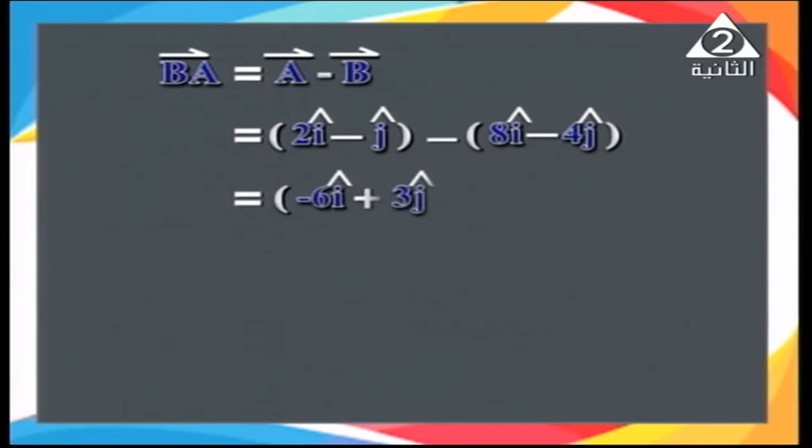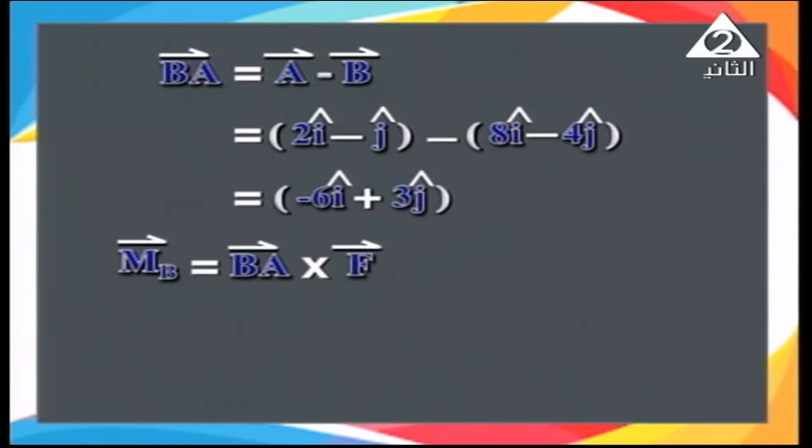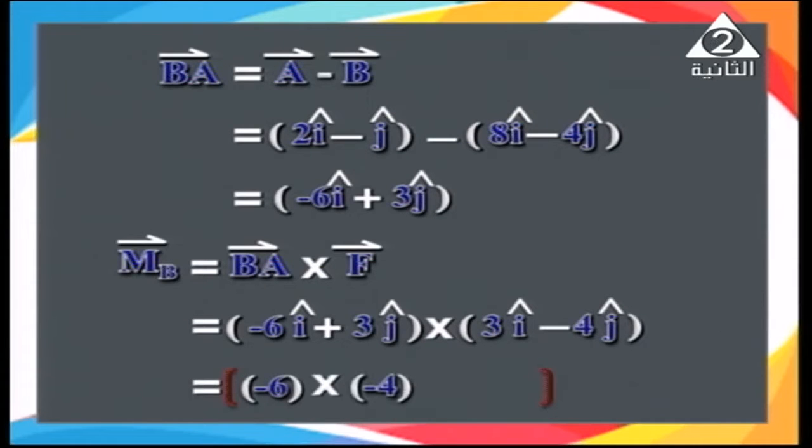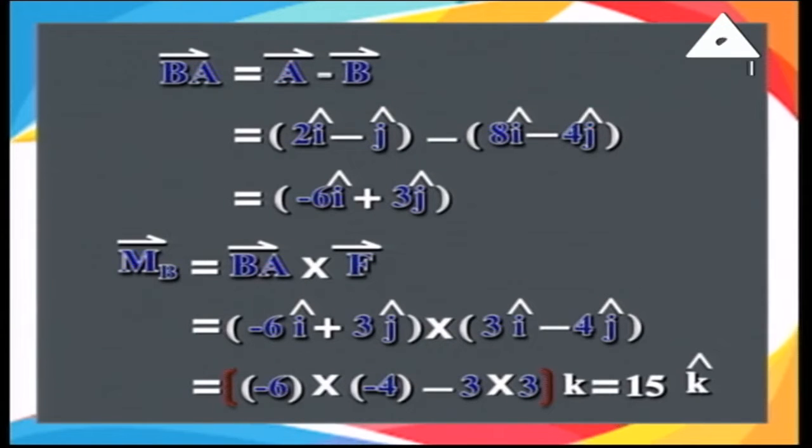The moment about B, my dear student, is BA cross F. Then BA, negative 6I plus 3J, cross F, 3I negative 4J. Multiply negative 6 times negative 4, which is 24, minus 3 times 3. Then the moment about B equals 15K units.